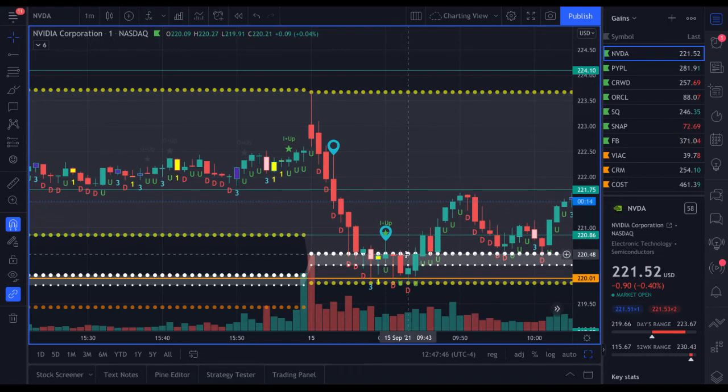It did try to go back up and kind of failed 2 up. But this, a 2 down green hammer to a 2 up, that's a strong reversal. And granted, I am on a 1 minute chart, but that's also how I was trading this on the 1 minute time frame. So paying attention to those reversals, I would have gotten out here, and that very likely would have been the same.